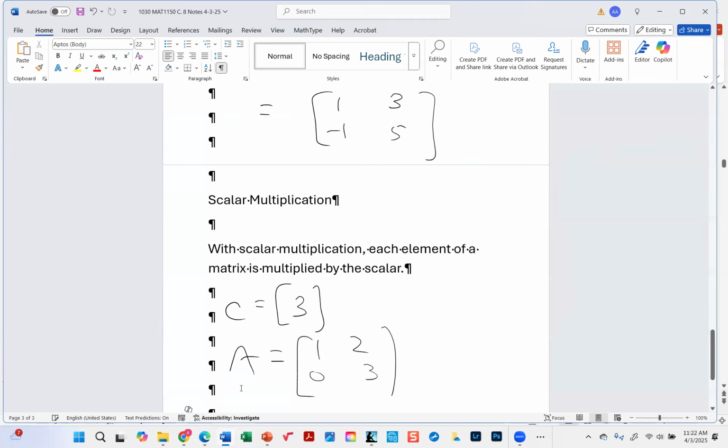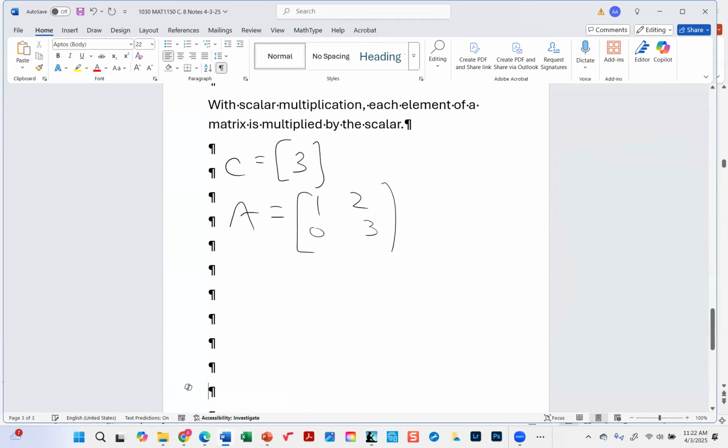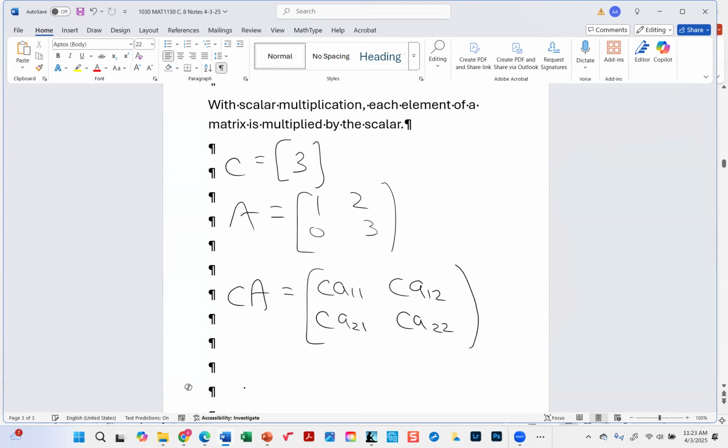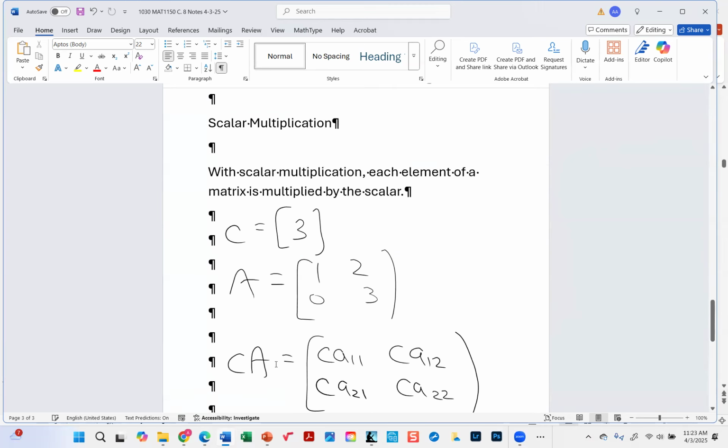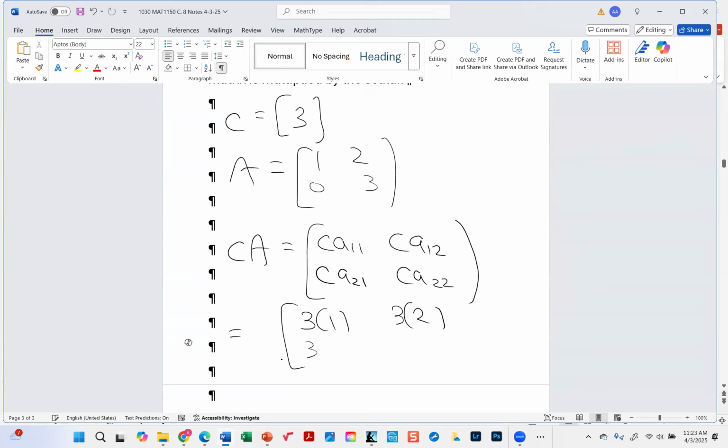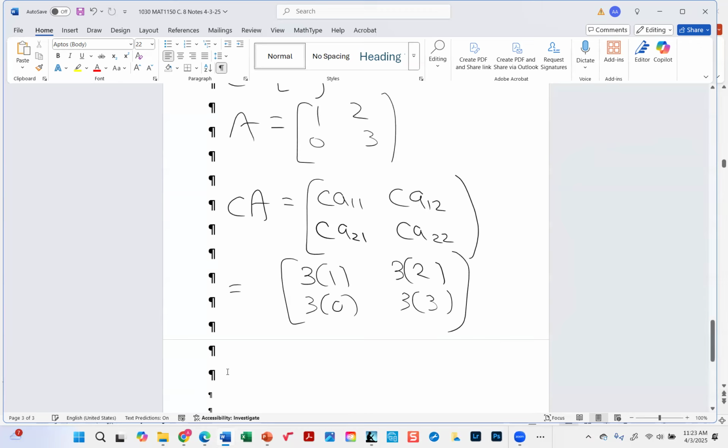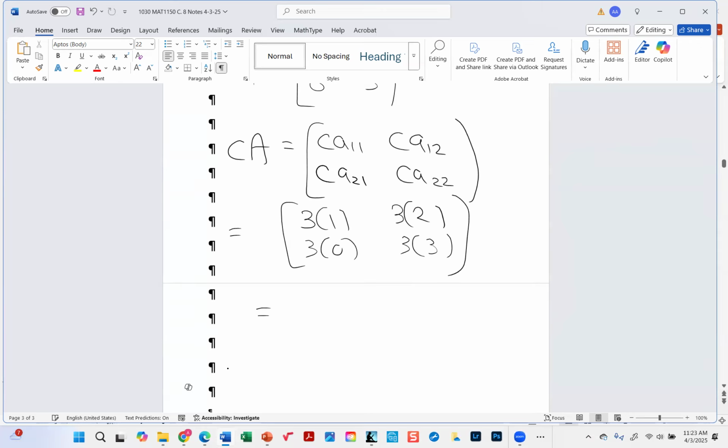In order to multiply them together, here's all I would have to do. And then I can write that out as 3 times 1, 3 times 2, 3 times 0, and 3 times 3. And that means, of course, 3, 6, 0, 9 is my final result.